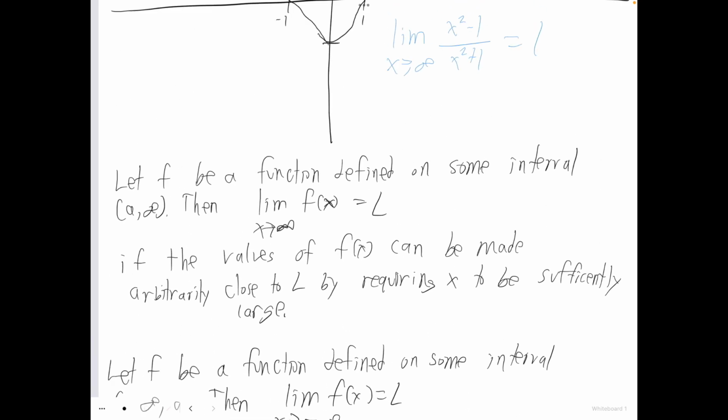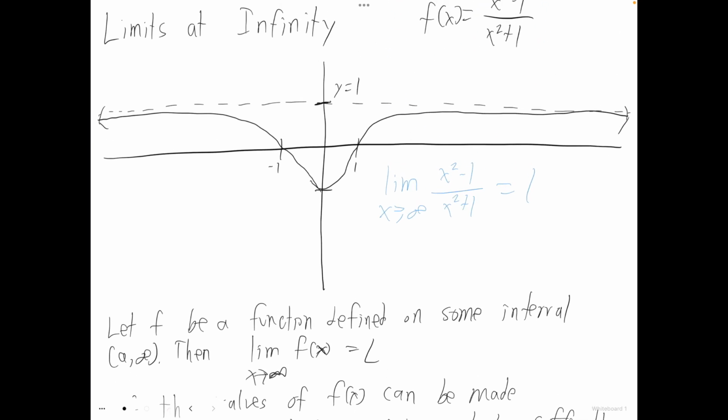And so again, all that we're really saying here is if we go off to the left, getting smaller and smaller in negative values, more and more negative, then we have a limit as x goes to negative infinity. And in this case, for our function x squared minus 1 over x squared plus 1, we also see that value is 1.